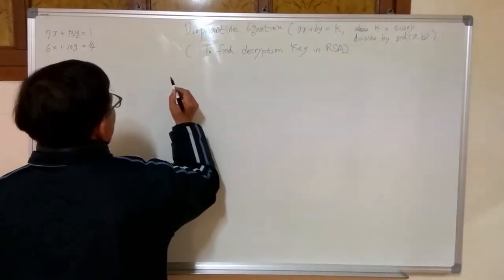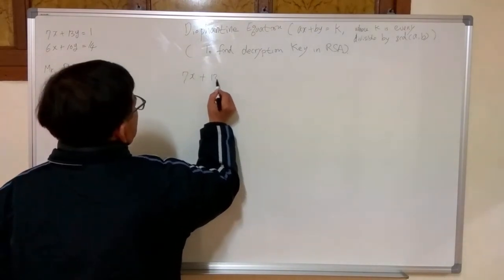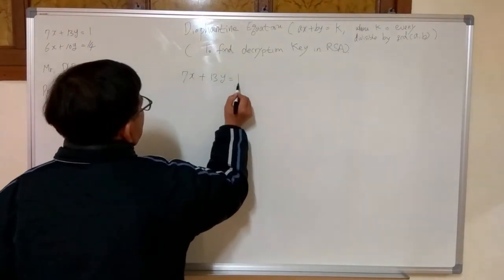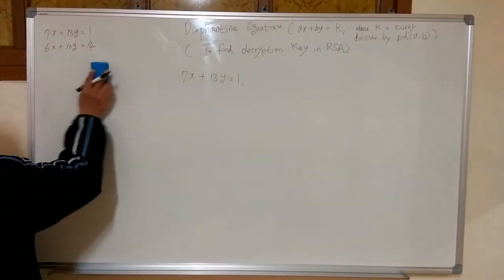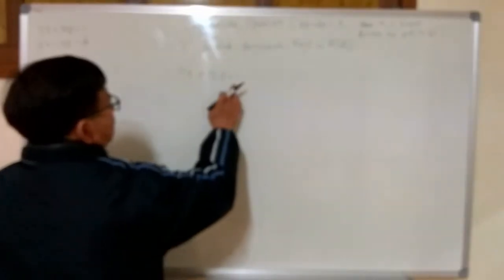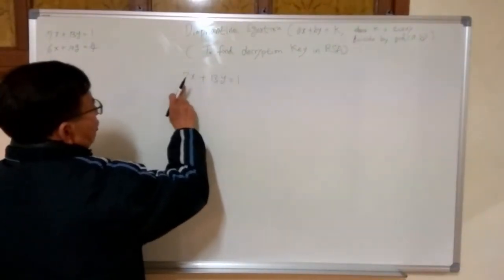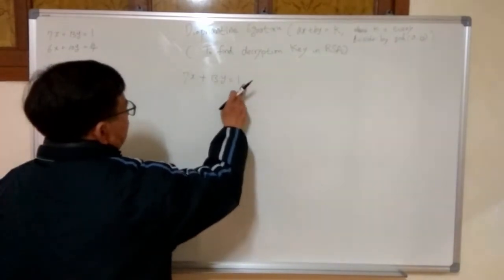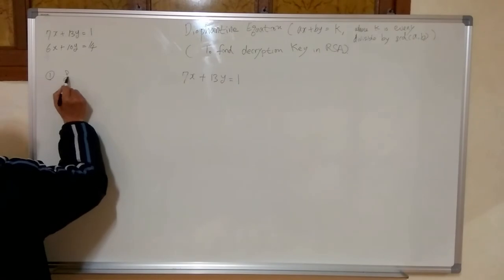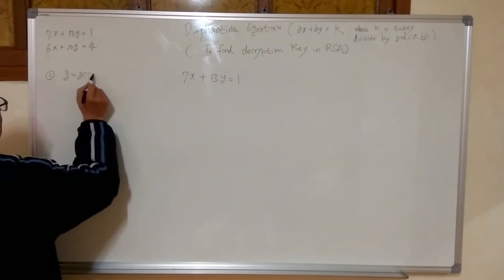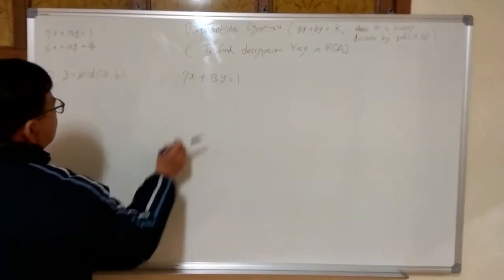We are going to solve 7x plus 13y equals 1. The very first step we have to do is check if this k is divisible by the GCD, greatest common divisor of 7 and 13. So the very first step is we have to get the GCD of A and B, in this case 7 and 13.